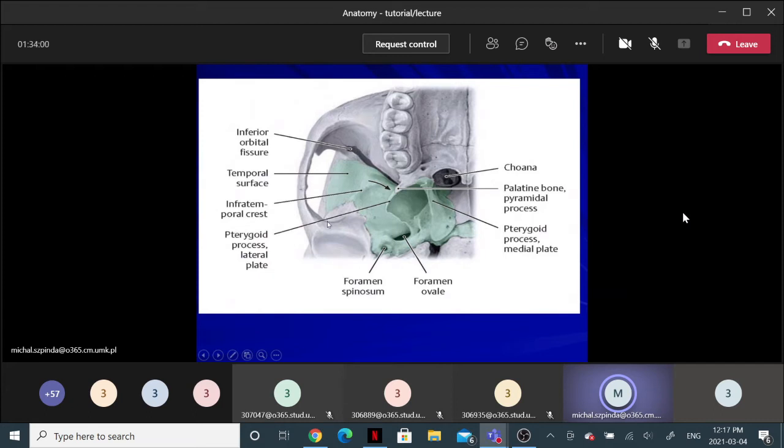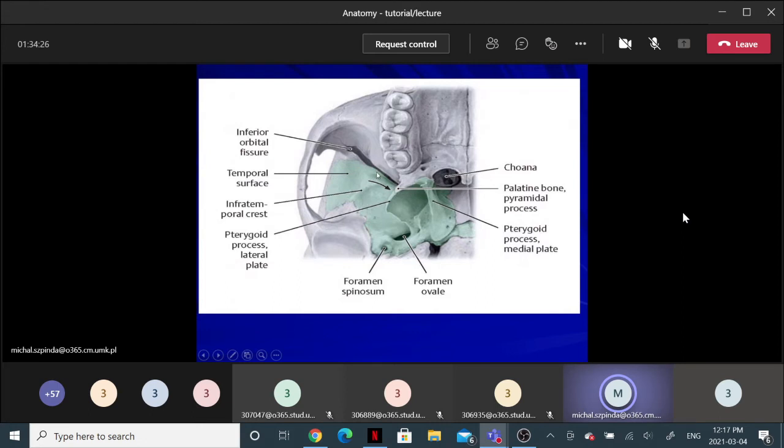The superior wall of the infratemporal fossa is mostly composed, in some 80% of its surface area, of just this one, not this.